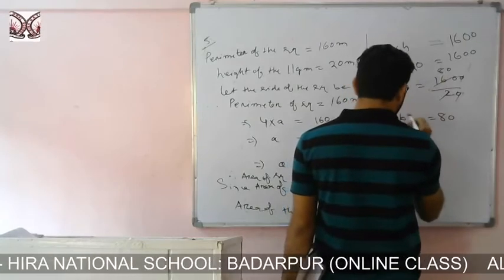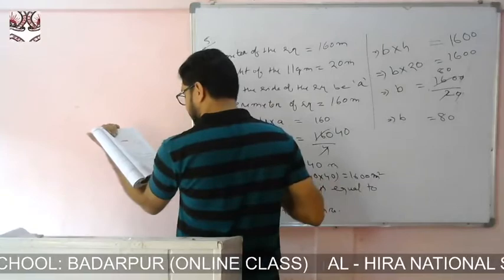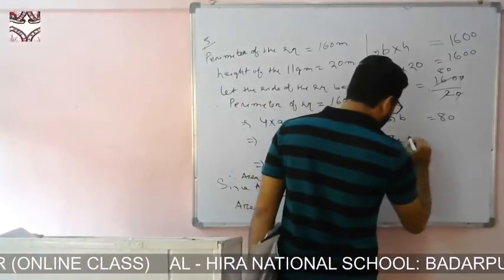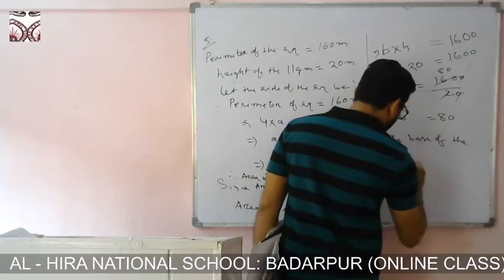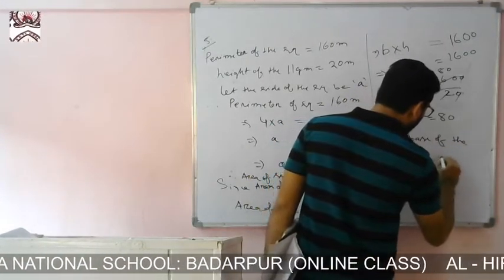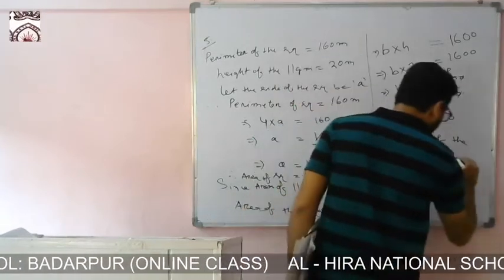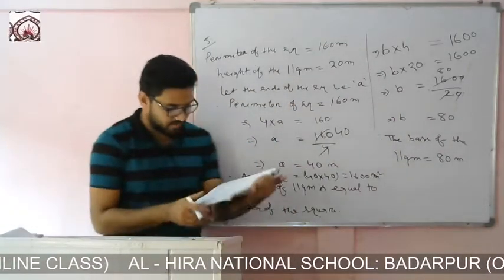B will be 80. Now the question asks to find the length of the corresponding base. Therefore the base of the parallelogram equals 80 meter. That is the answer of question number 5.